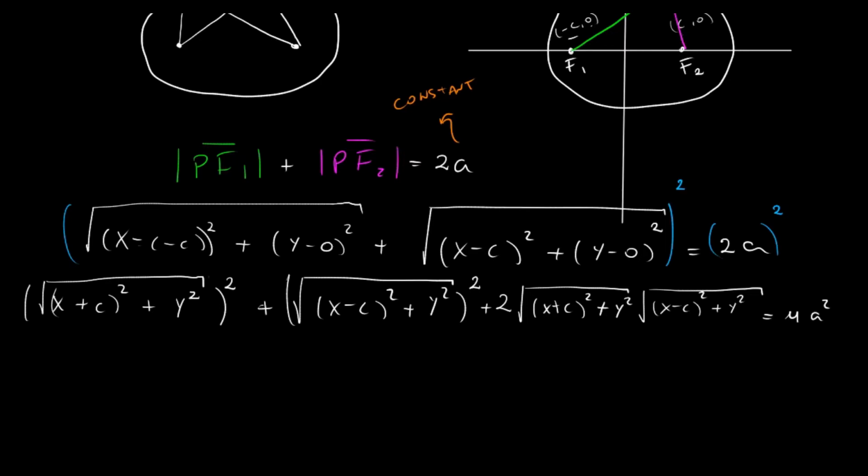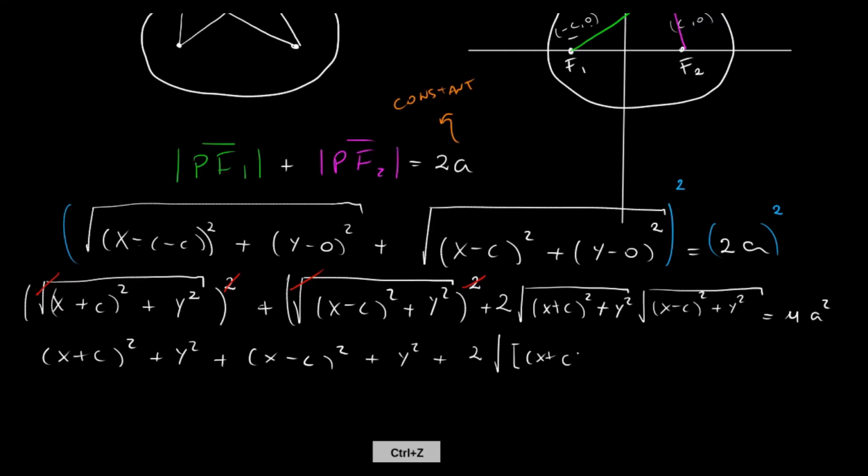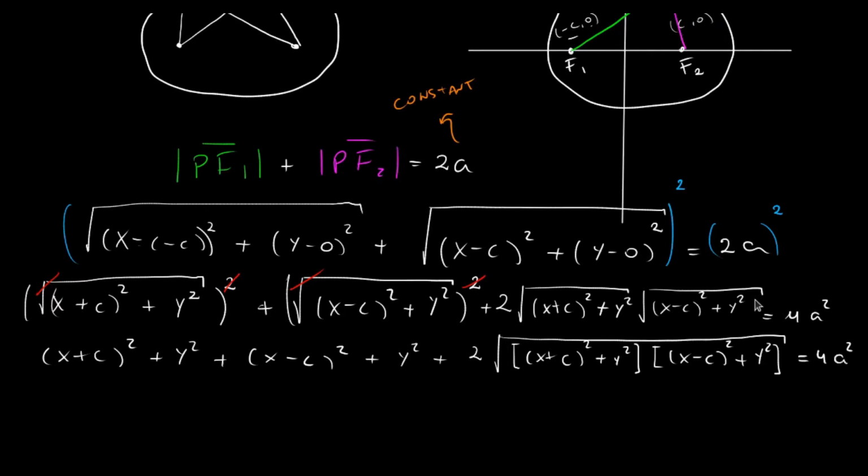Now the square roots and the squares cancel out, and so we get (x plus c) squared plus y squared plus (x minus c) squared plus y squared plus 2 times, and I can put all this in only one square root, (x plus c) squared plus y squared, all this multiplied by (x minus c) squared plus y squared, the square root of all this, and it's all equal to 4a squared.